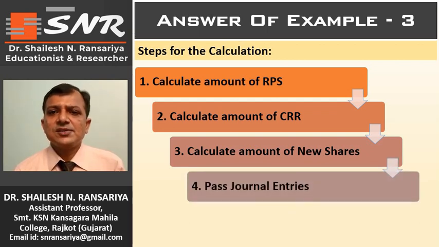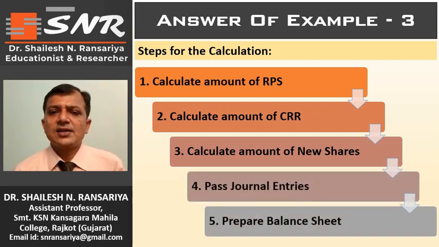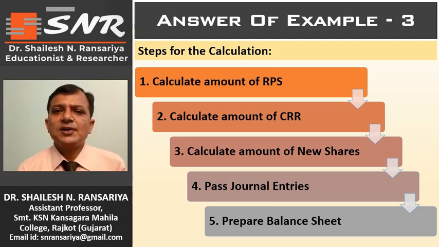Pass journal entries. And last, prepare balance sheet as per Companies Act 2013. Okay, one more thing. In this example, RPS are fully paid up. So it is not required to make share call. So it is fully paid up. So we can directly redeem it.